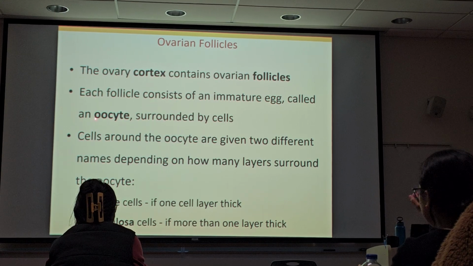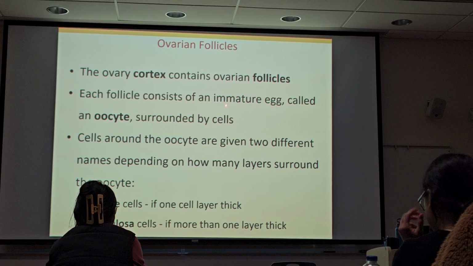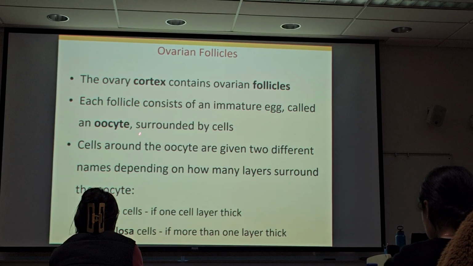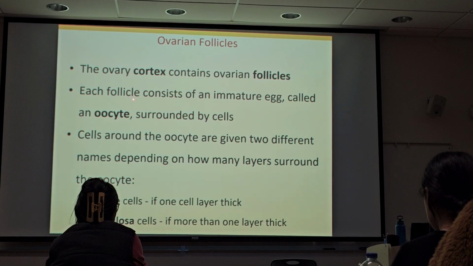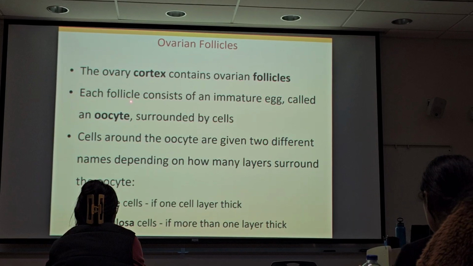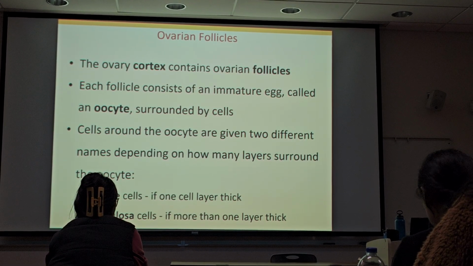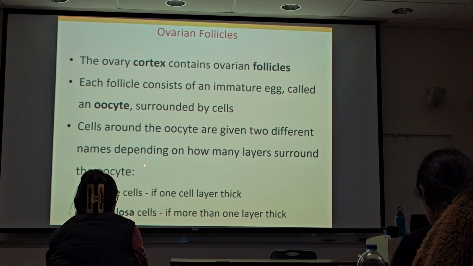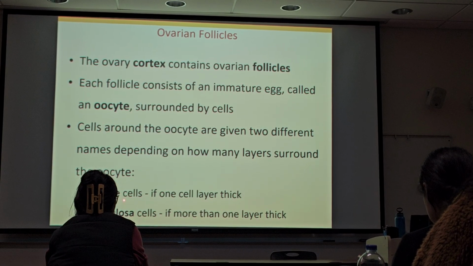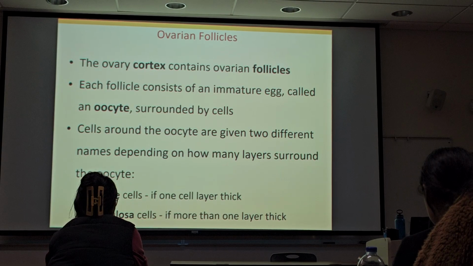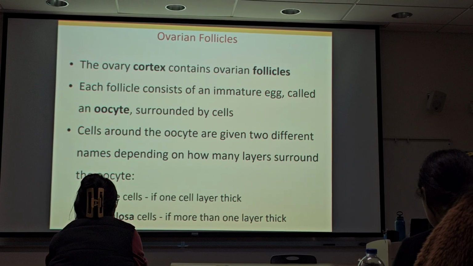The egg is the oocyte. The immature egg is the oocyte. And an oocyte is inside of each follicle. Those follicles are cells that surround the oocyte. Those can be called follicle cells when we have just one layer of cells surrounding the oocyte.